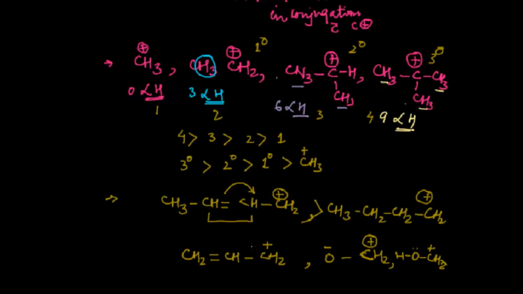This one has a pi bond, here it is a negative charge, and here it is a lone pair. This is the kind of difference these ions have. Out of these three, we have to compare which is more easily available for donation. We can correlate that a bonded pair of electrons is less available in comparison to a free non-bonding electron pair, or the negatively charged species, so the order would be like this.